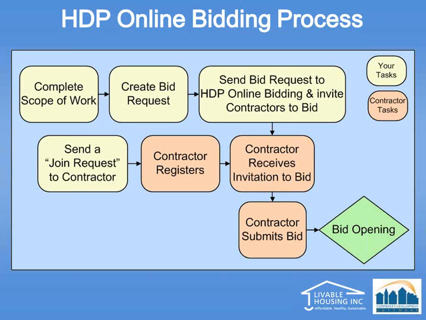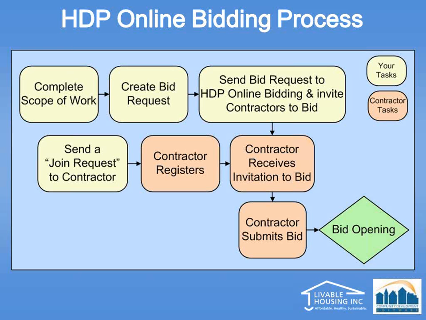And the next thing you would do, after you've set up the bid request, is send the bid request to the HDP Online Bidding function. And in that process, you'll also be inviting contractors to bid. Now, taking a step back from this, we would recommend that prior to sending the bid request to HDP Online, you go ahead and invite contractors to bid.